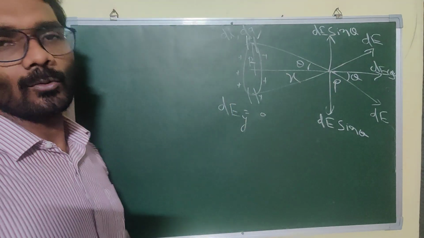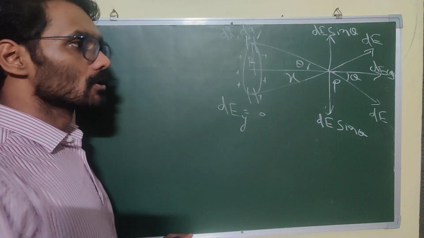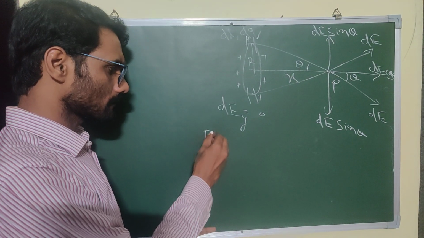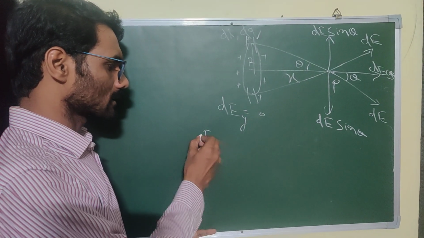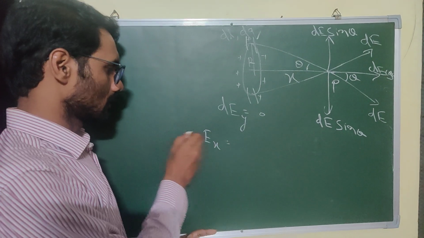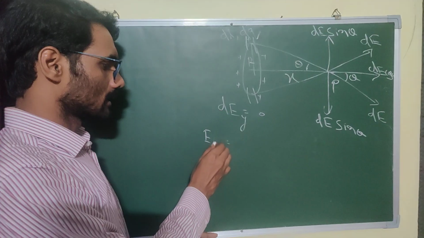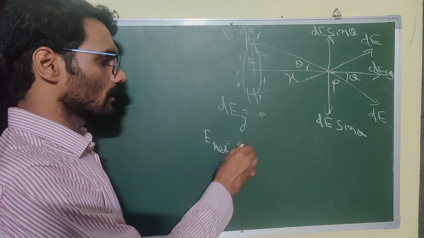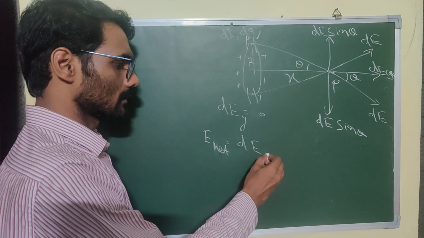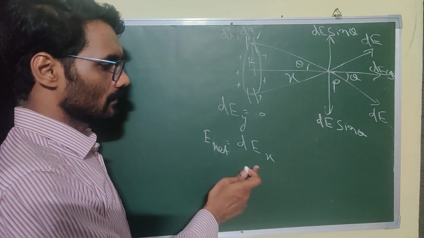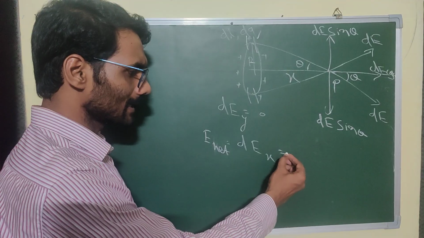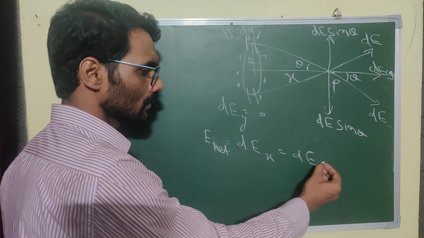So all the y components are cancelling each other. So net electric field is only for the x component. Okay, so E net is only for the x component, that is dE cos theta.